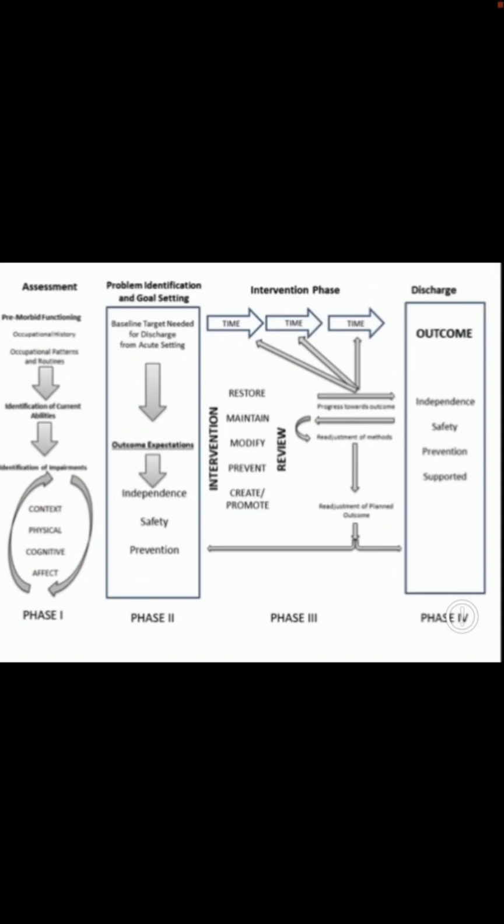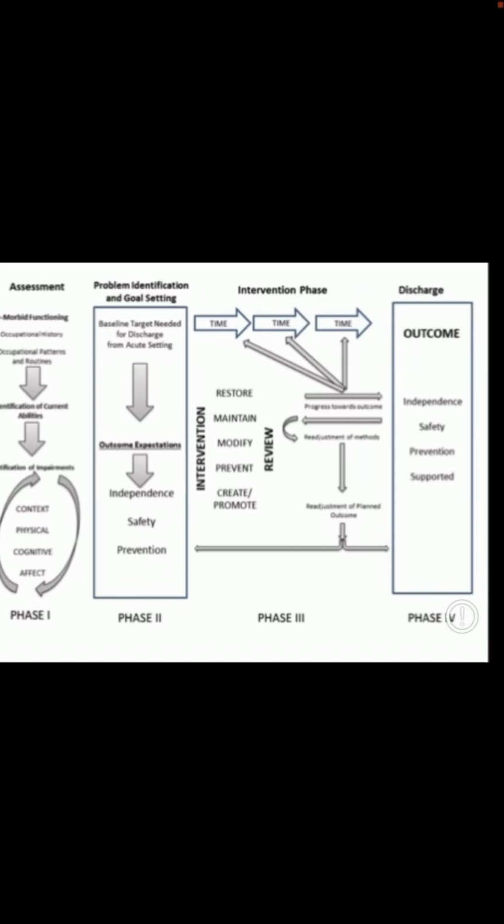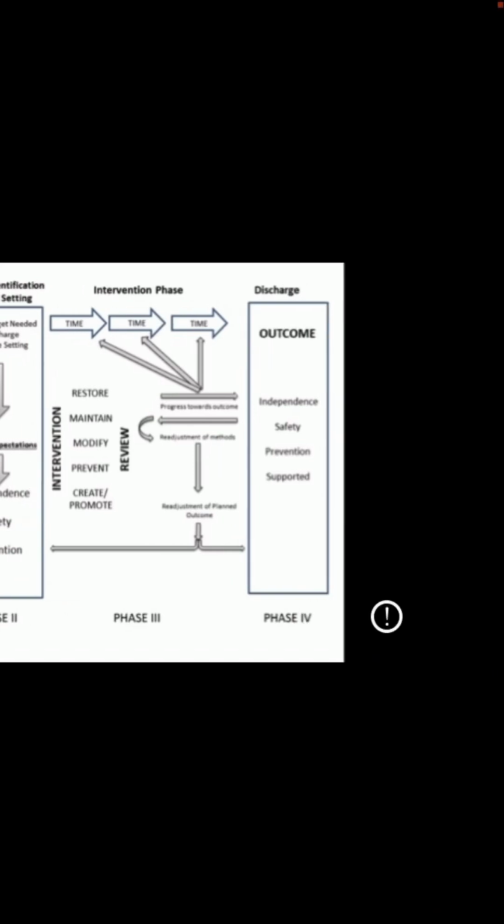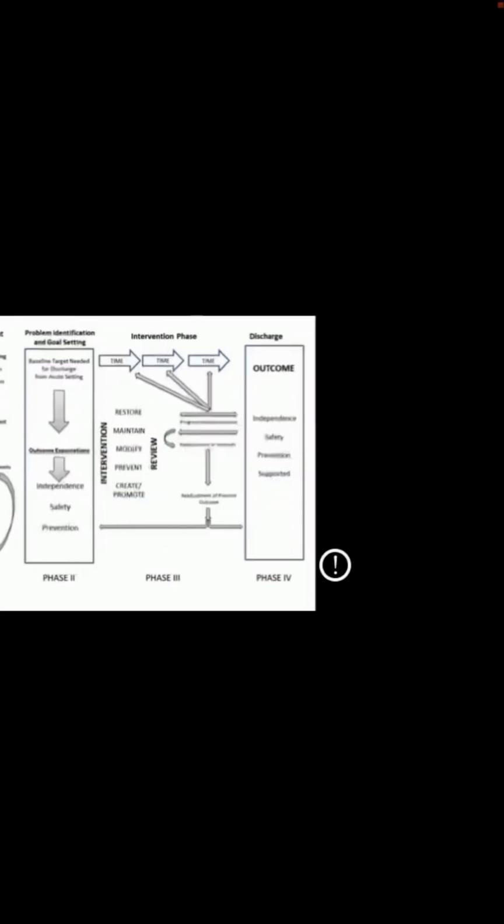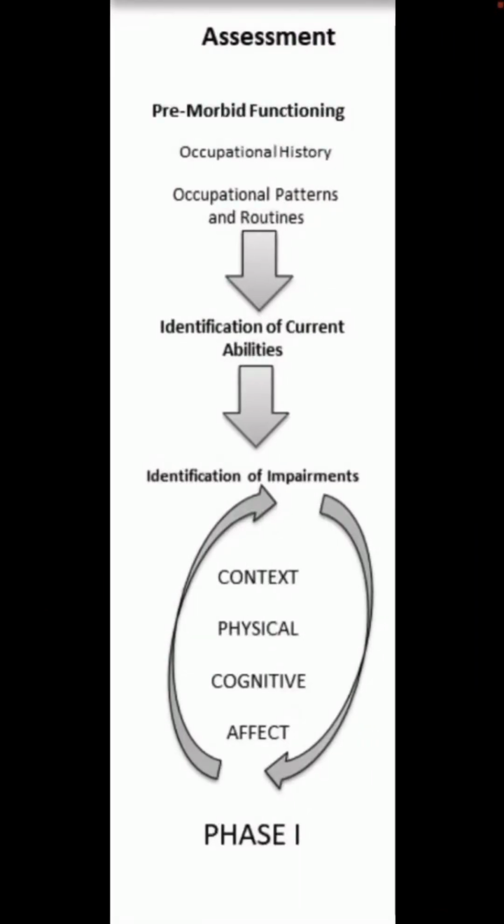Phase two would be the problem identification, goal and discharge planning, and goal setting. The third phase would be the intervention phase, and the last phase would be the discharge phase. So we're going to talk about each and every phase, starting with the first phase, which would be the assessment.